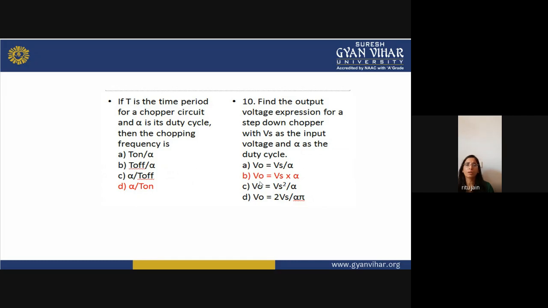If you multiply your input voltage by a quantity less than one, then you will get an output voltage which is always less than your input voltage. So this is your step down chopper.